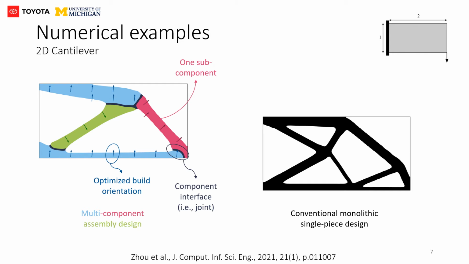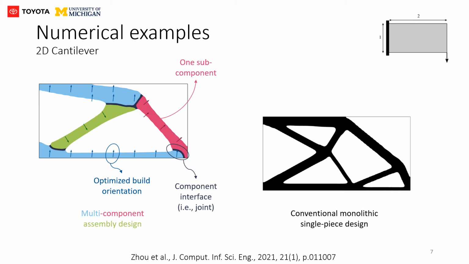The dark lines between the colored components indicate the thin layers of component interfaces. The optimized component-wise build orientations are mostly perpendicular to the major principal stress directions, which supports the empirical mechanics knowledge for maximizing the assembly level structural stiffness.